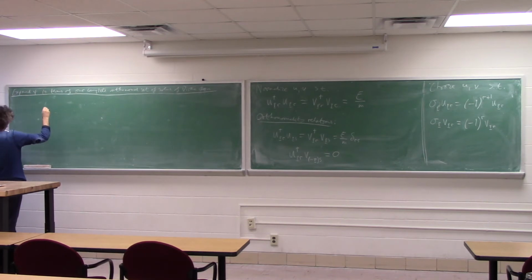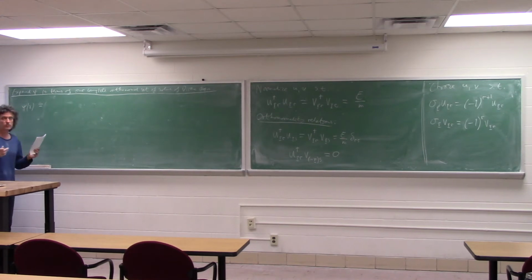So we can write psi, which is of course a function of position in space-time. Okay, let's just write it as if it's a classical field for the moment. What would it be? We're going to expand it in terms of that complete orthonormal set.